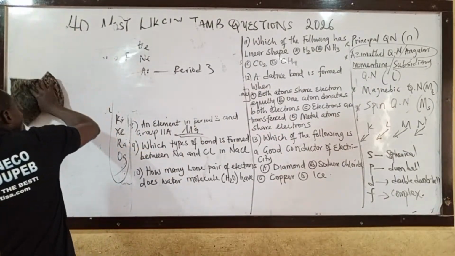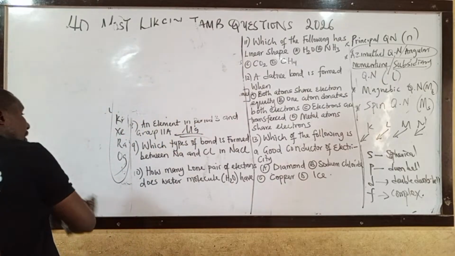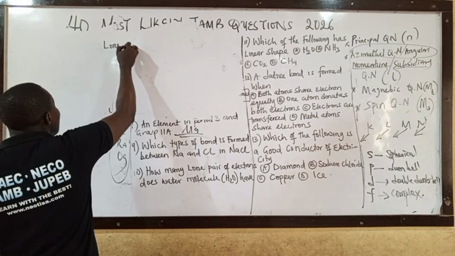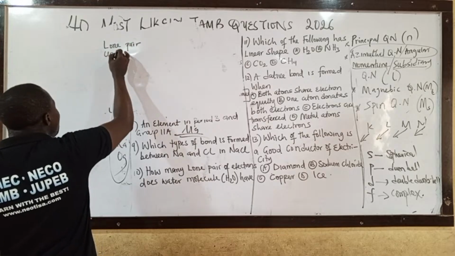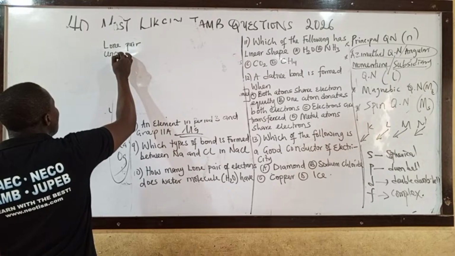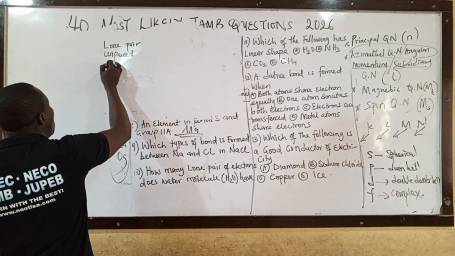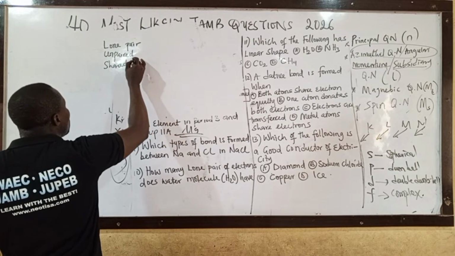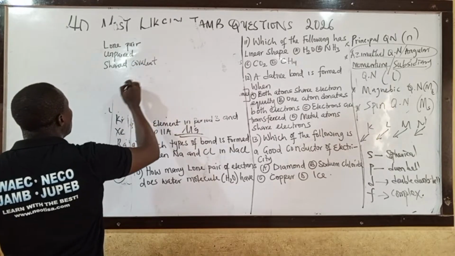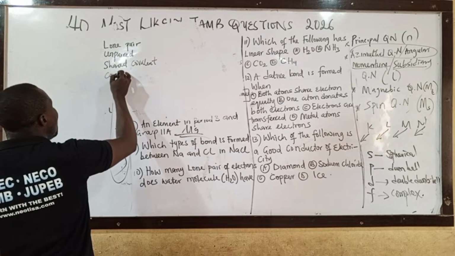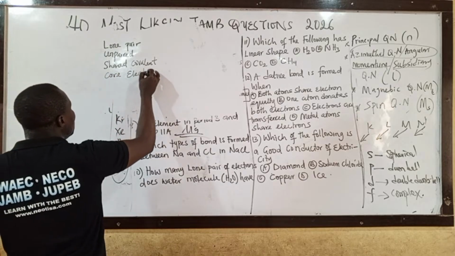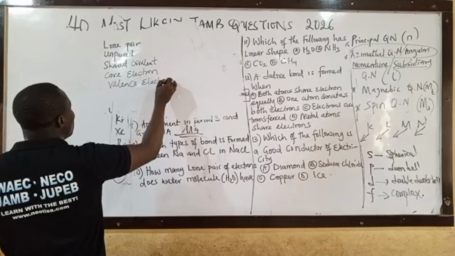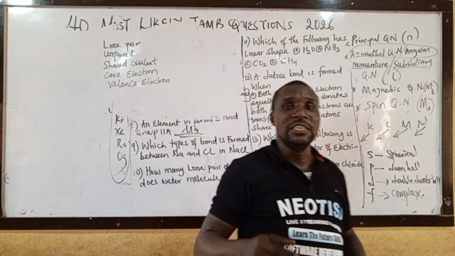We have what we call lone pair electrons, unpaired electrons, shared pair electrons or shared covalent electrons, and valence electrons. Let's explain. Valence electron is the electron on the atom shell.